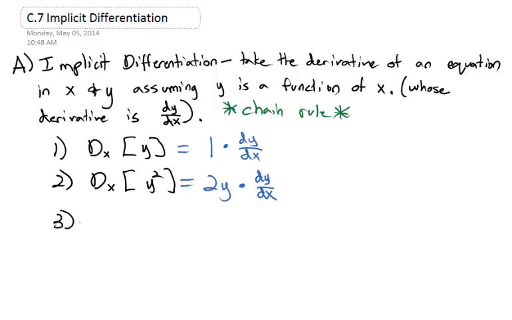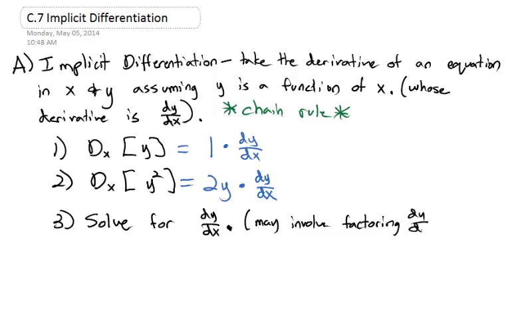Also, as a note, along the way as we do this, we will have to do some work to actually solve for the dy dx, or solve for the derivative. And that may involve factoring the dy dx factor from several terms.